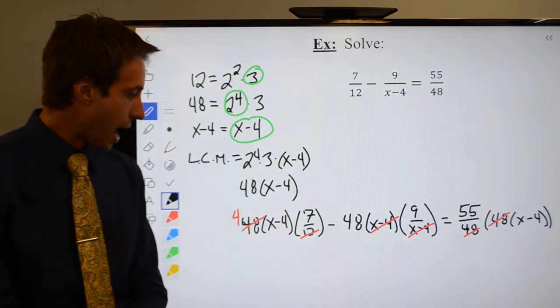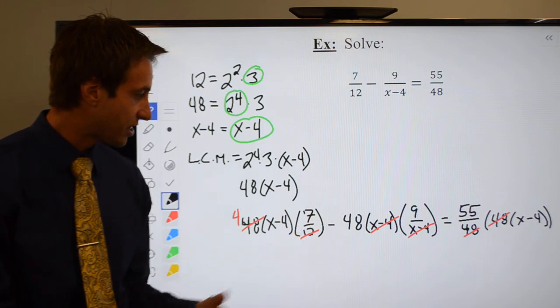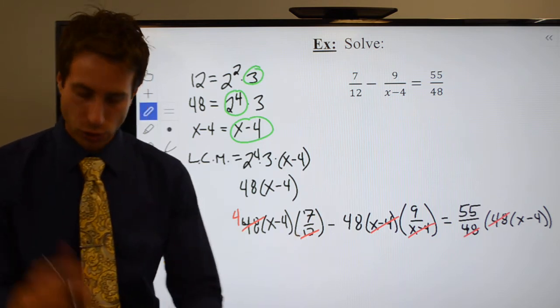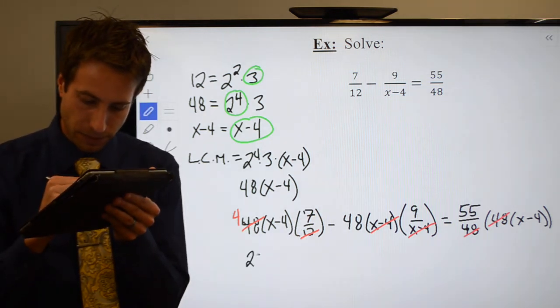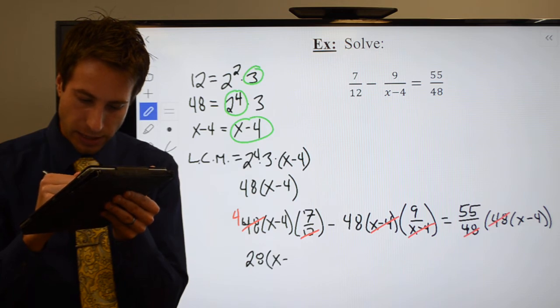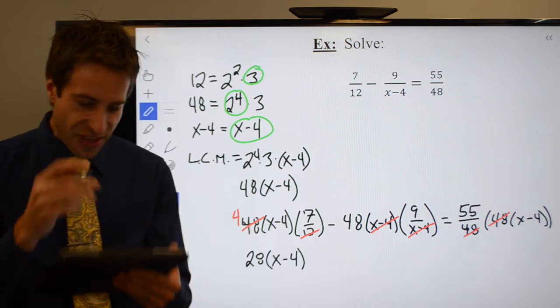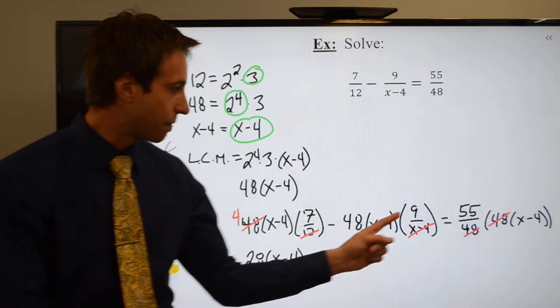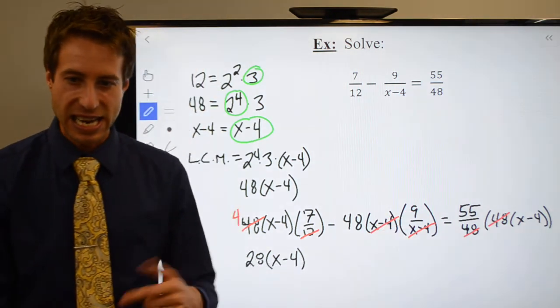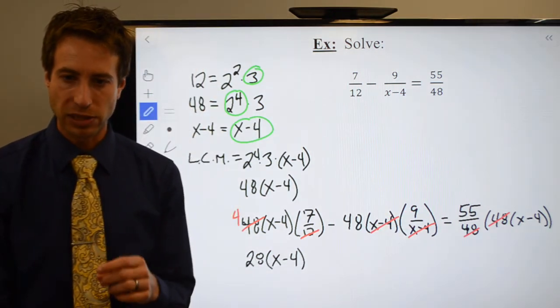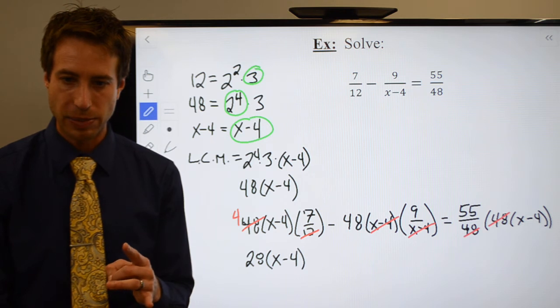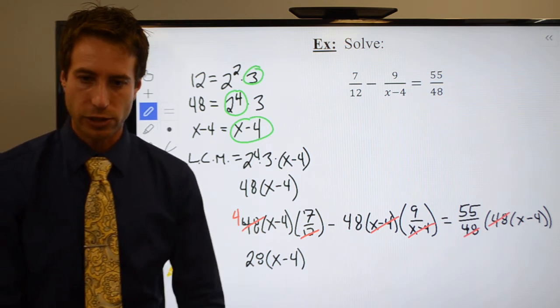Here's what I've got. I wind up with 4 times 7, which is 28. Then I've got that quantity, x minus 4. And then I'm left here with a negative 48 times 9, which I believe comes out to be 432?